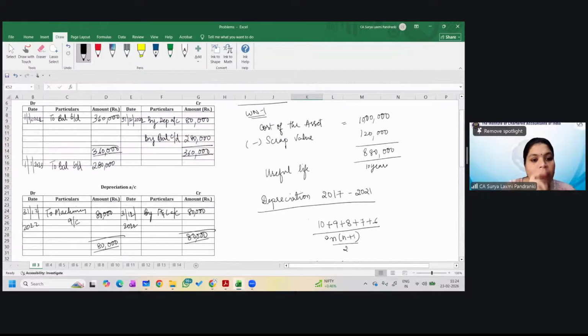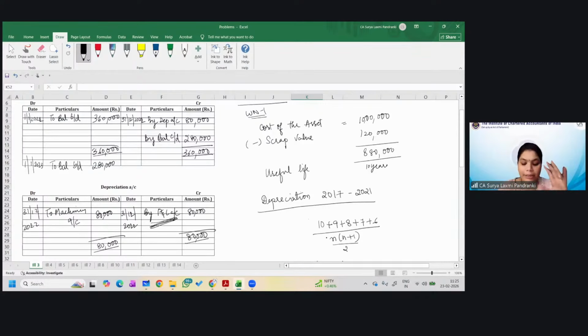Pratik, you are asking why we have transferred to P&L account here, credit to P&L account, because depreciation is an expenditure account, right? All the expenditure accounts or income accounts have to be closed by the end of the year, and the balance has to be transferred to the P&L statement. Since depreciation is an expenditure account, we have transferred the balance to the P&L statement.